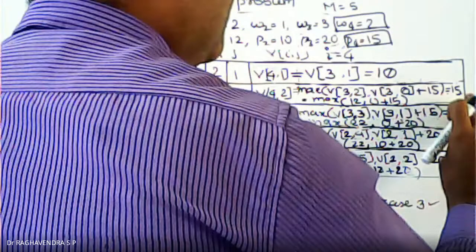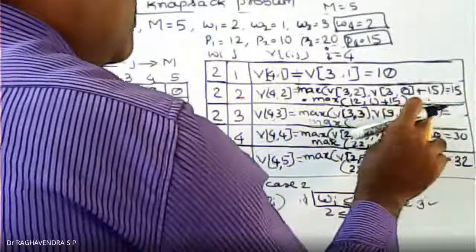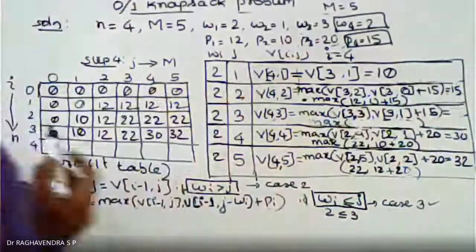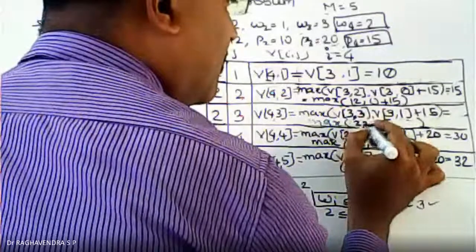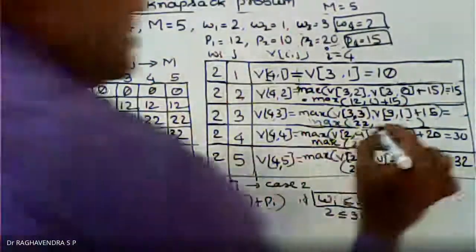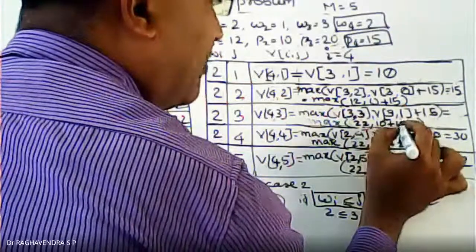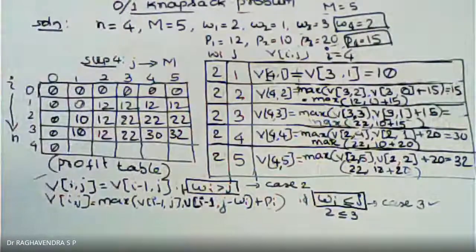Substitute the values: 3 comma 3, what's the value? 22. Comma 3 comma 1, the value is 10. 10 plus the profit 15. We have 22 and we have 35. Which is the maximum? 35.